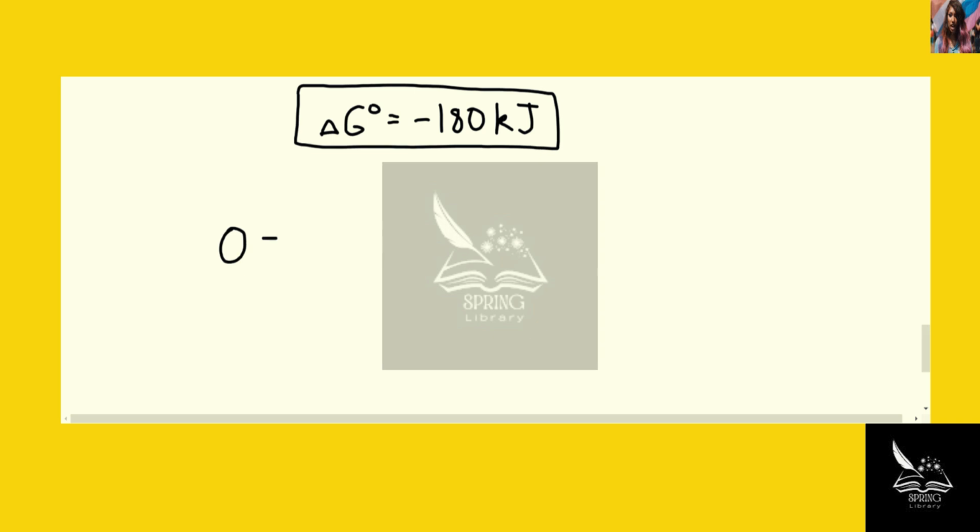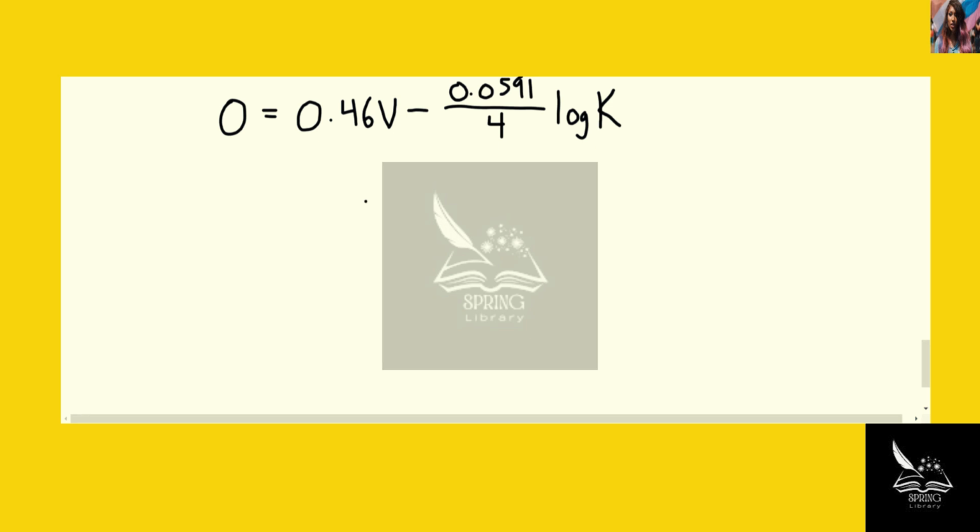At standard conditions, the cell potential is 0.46 volts, and then that's minus 0.0591 over n, which is 4 now, times the log of K. So now we can rearrange that equation to solve for the equilibrium constant K, and we should get a value of about 1.3 times 10 to the power of 31.